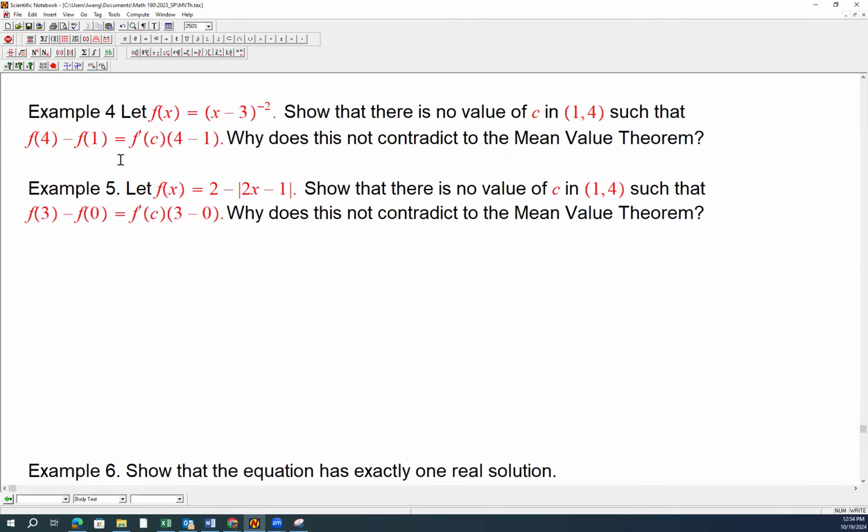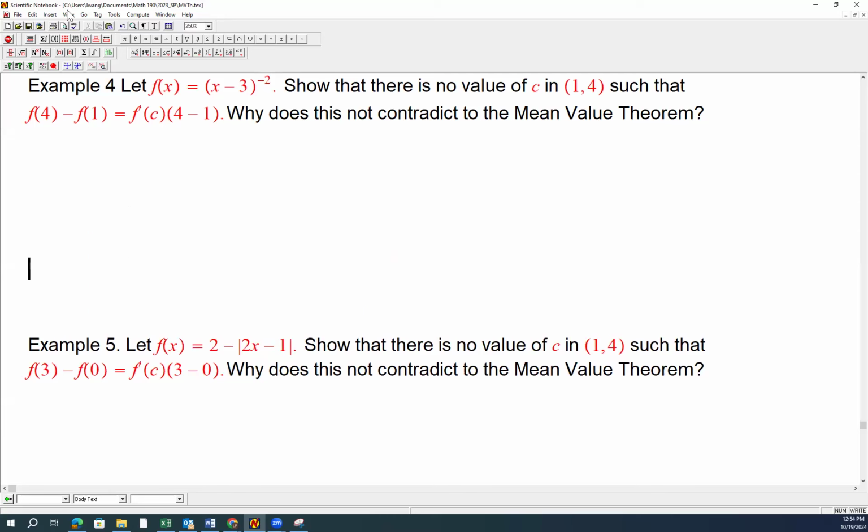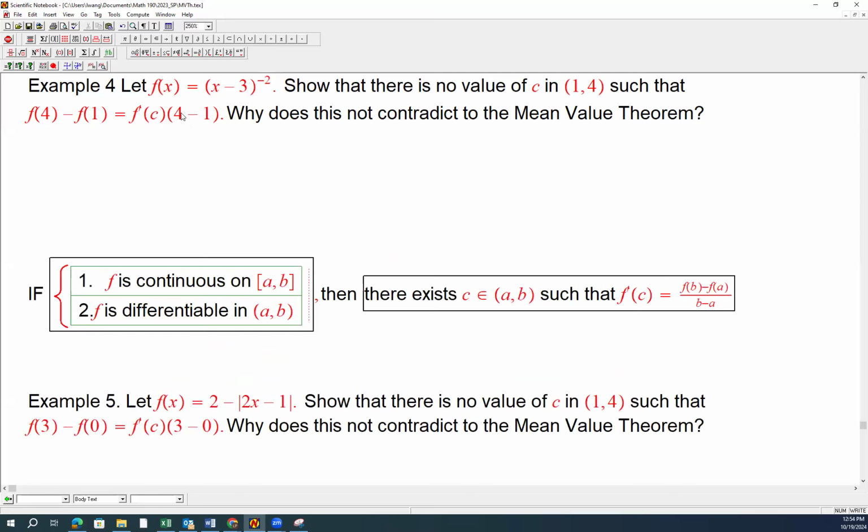The first one was, we have such a function, show that there's no value of c in this interval such that f of 4 minus f of 1 equals the derivative of the function at c multiplied by 4 minus 1.